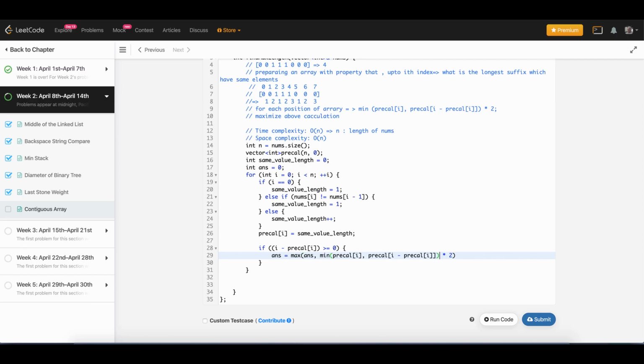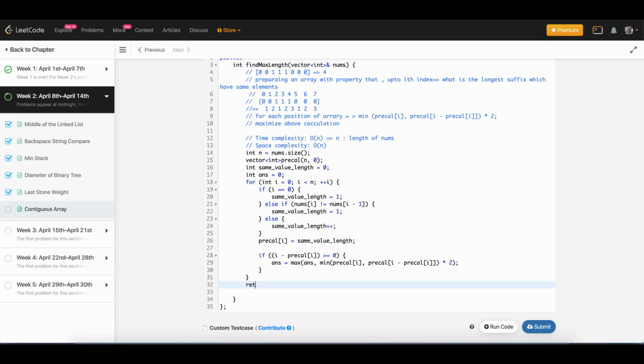So this bracket ends here and we multiplied by 2. Nice. Now we will simply return the answer to the problem.